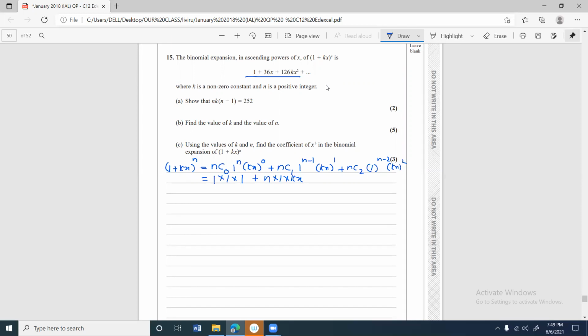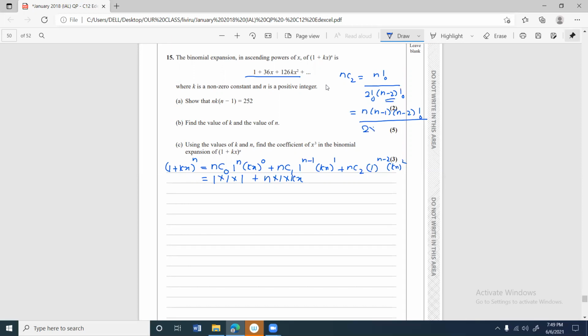nc2, according to the formula, is factorial n divided by factorial 2 times factorial n minus 2. With this you can write factorial n as n into n minus 1 into n minus 2 factorial, since after n minus 2, n minus 3 and so on, it's the same as the factorial below.